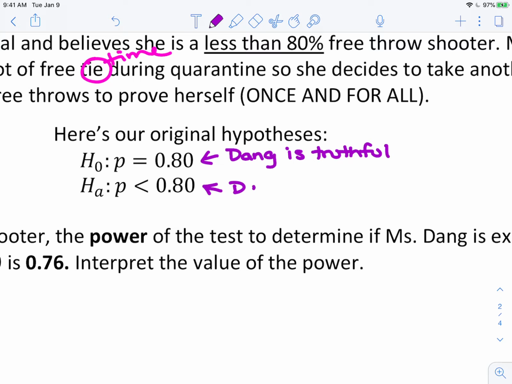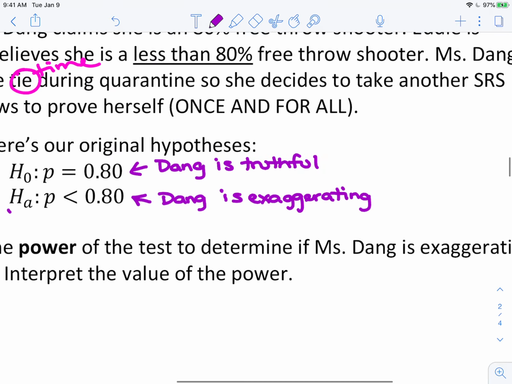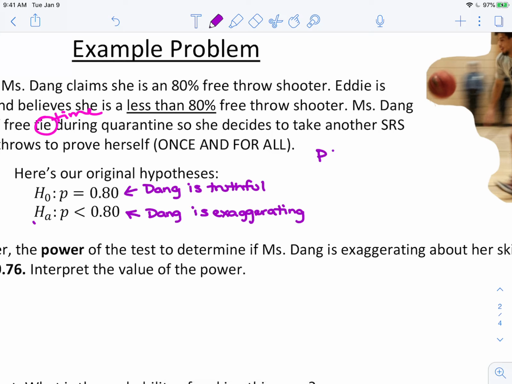This one means that I'm exaggerating a little bit. Maybe I'm not that good. I'm actually less than 80%. If we find that the Ha is true, that means I was exaggerating. And then recall that p was the true proportion of my made free throws.